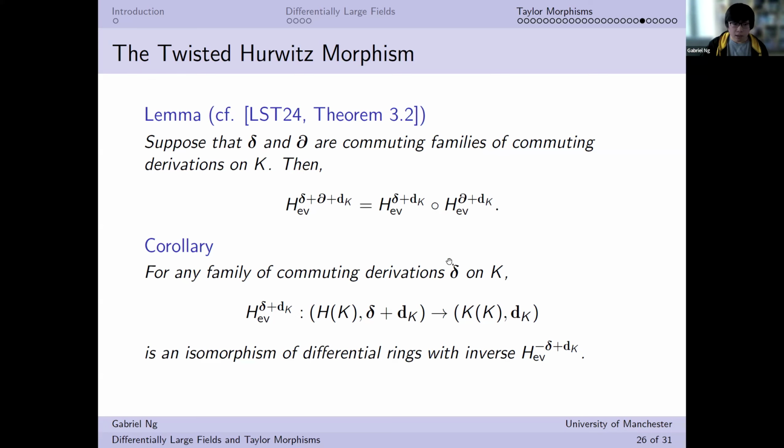And in particular, for any family of commuting derivations delta on K, this H^(delta + d_K)_EV is an isomorphism of differential rings. This should be H of K, sorry, with the inverse given by taking the negative of this derivation.